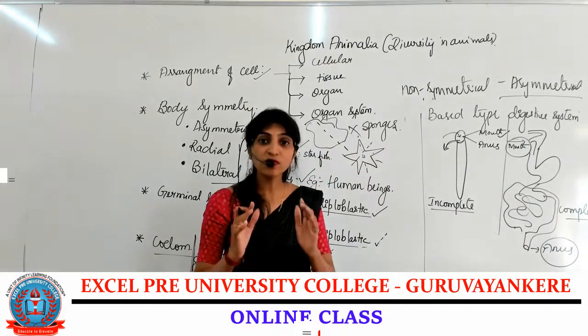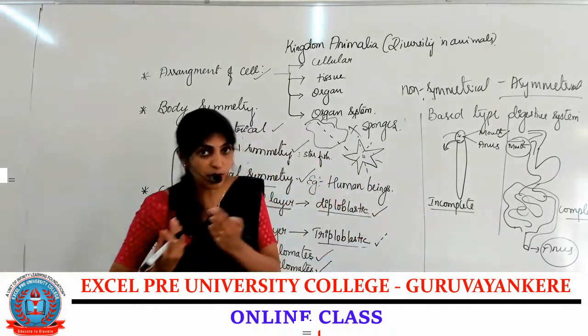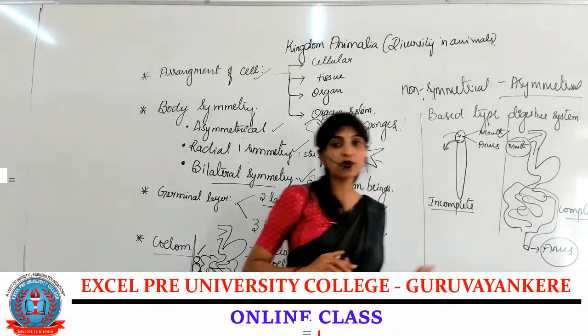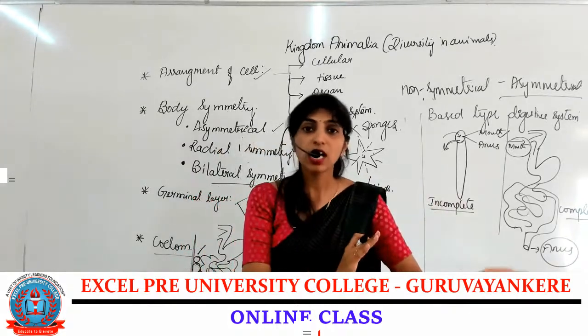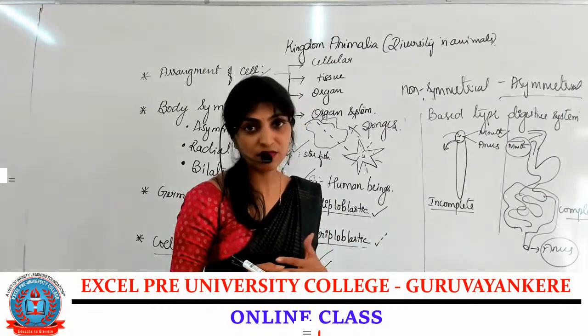The organisms which show an incomplete digestive system will be grouped under one group. The organisms which show complete digestion will be grouped under the other group. Okay, this is how the animals are classified.